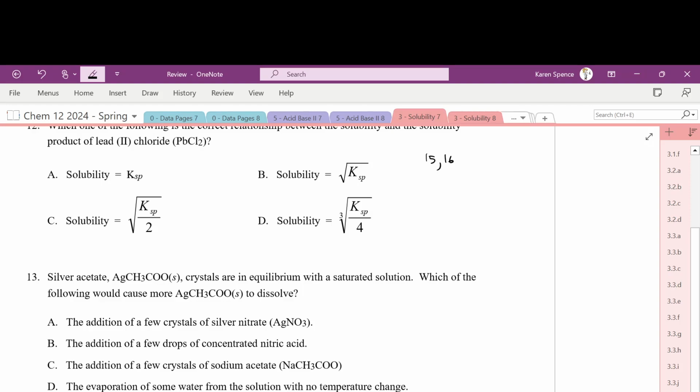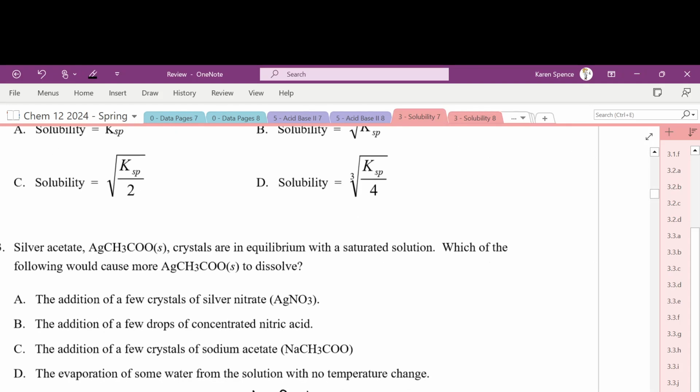So we want to shift this equilibrium to the right. Okay, so you can either understand this question and see the common ion problem here, or you can do it by process of elimination. Either way will work.